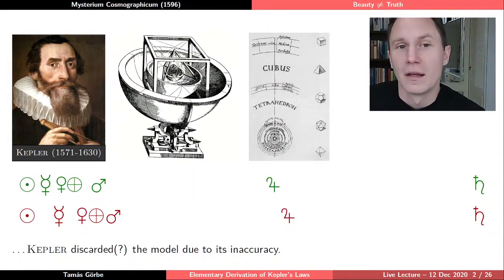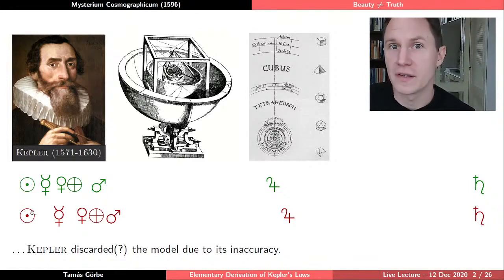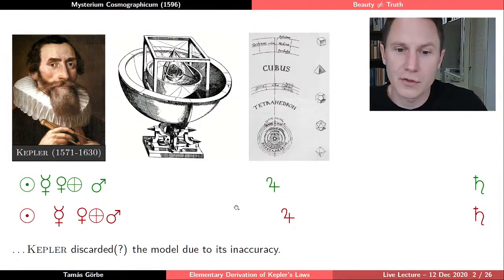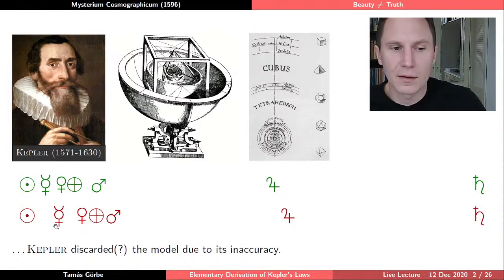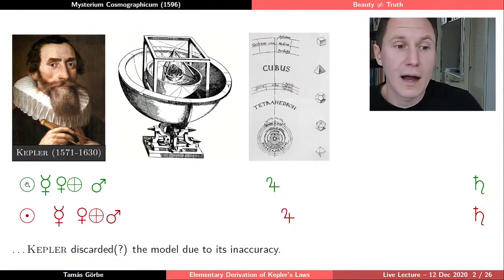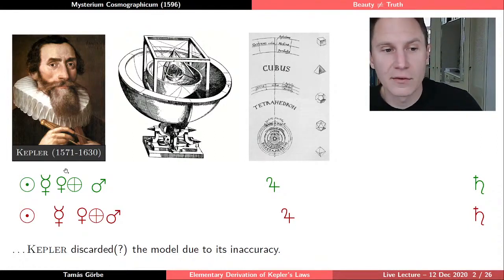So this is something that even Kepler realized, that if you fix the position of the sun, and let's say you fix the distance of Saturn, and then you draw these distances given by the ratios that I just showed you, you will get the orbits of the planets placed like so, the distance from the sun, as in this bottom row, but the actual planets are at distances like so from the sun.